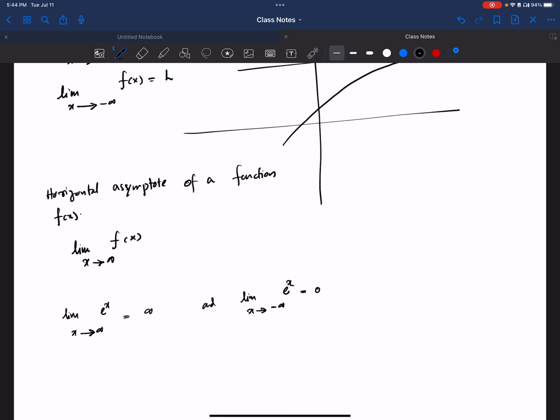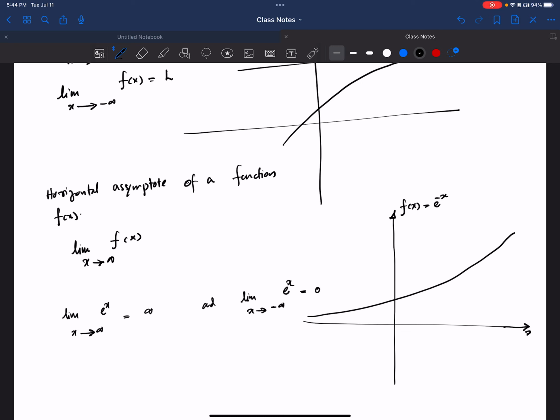If you draw f(x) equals e to the power x, it looks like that. As x becomes larger and larger positively, it goes higher and higher, that's positive infinity, and as x becomes larger and larger negatively, it goes to 0.